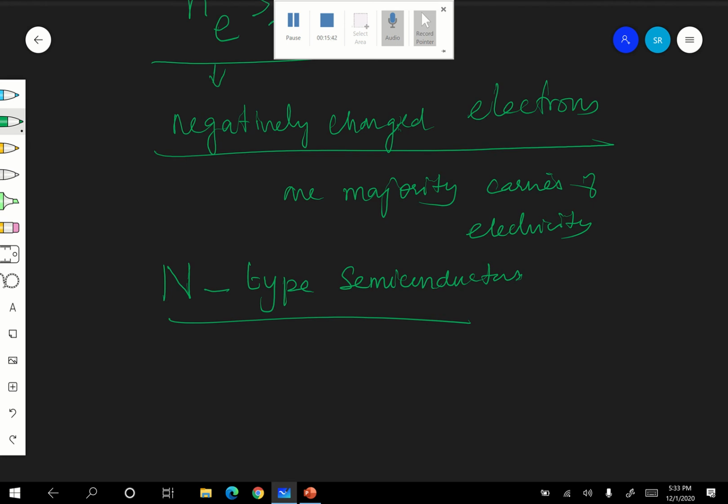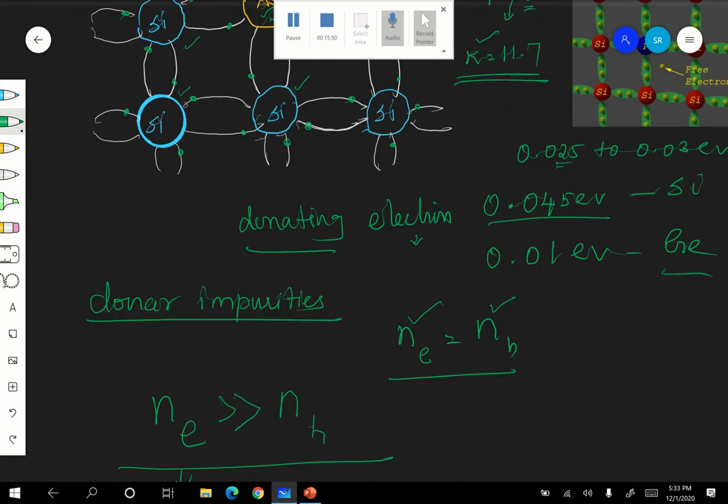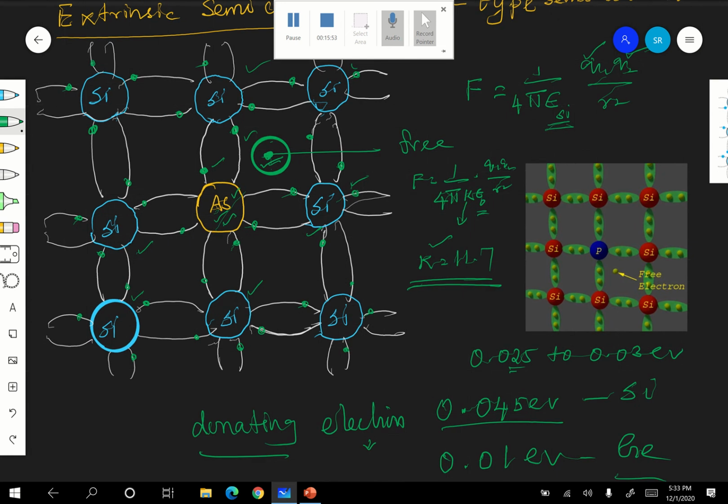Are you following? So this is about the crystal structure: the pentavalent impurity has an extra electron, one electron is used for conduction.